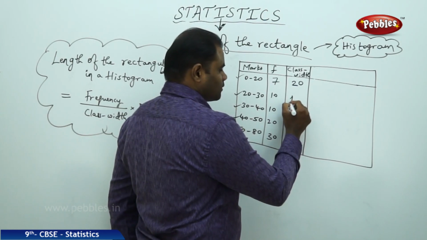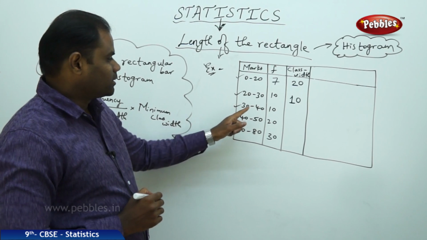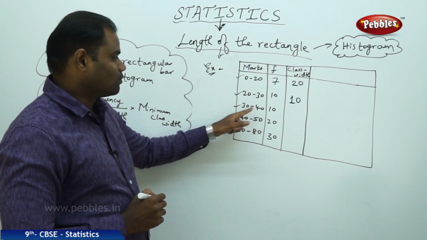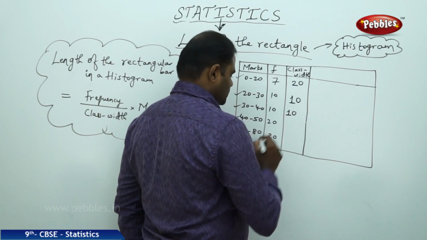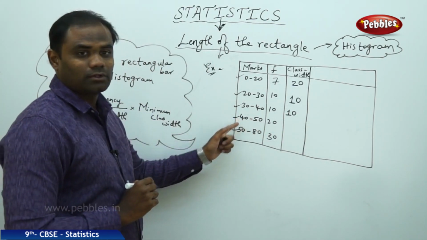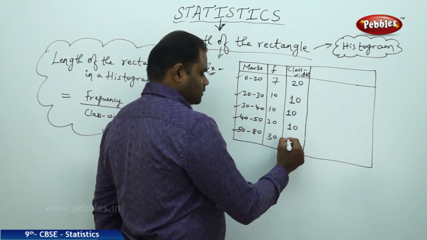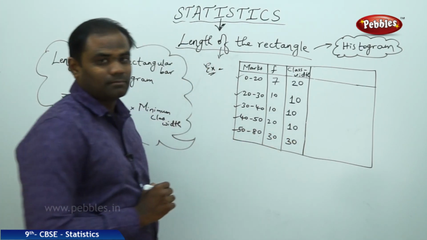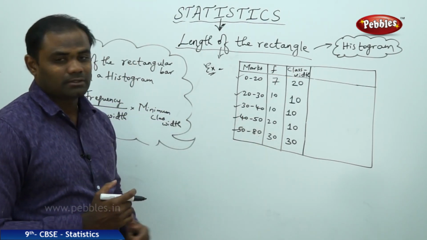So the class width of the second class interval is 10. Here the upper limit is 40 and the lower limit is 30, so 40 minus 30 is 10. Similarly 50 minus 40 is 10, and 80 minus 50 is 30. That is how we get the class widths of each of the class intervals.